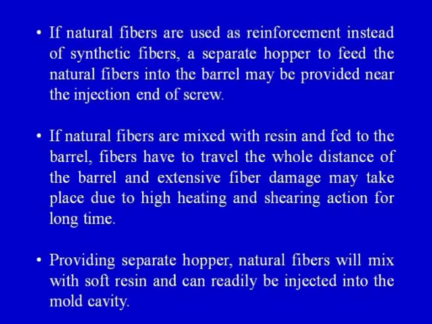In this way the fibers do not get damaged. Providing a separate hopper for the natural fibers lets them mix with the soft resin and be readily injected into the mold cavity. So this important aspect has to be taken care of when we are using short natural fibers.